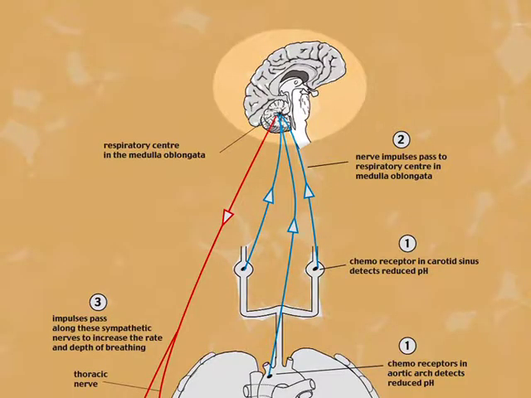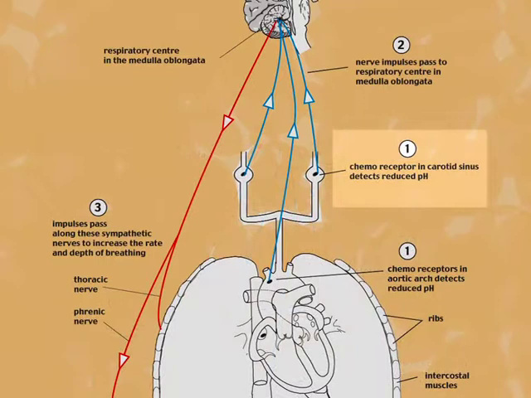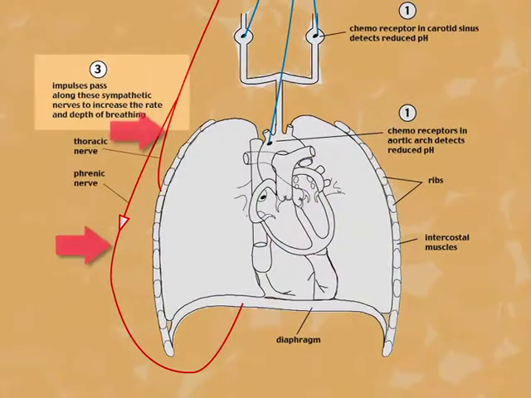In the medulla, there is also an area that controls the breathing rate. It consists of an inspiratory center that controls breathing in and an expiratory center that controls breathing out. When the medulla receives impulses from chemoreceptors in the carotid sinuses and aortic bodies, or when its own chemoreceptors are stimulated by a drop in blood pH, then impulses pass along the phrenic and thoracic nerves to the diaphragm muscle and the intercostal muscles.